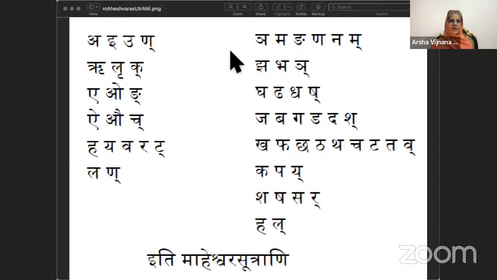So that sutra says, and for some reason the pencil is not coming out. There we go. Yeah, here it is.